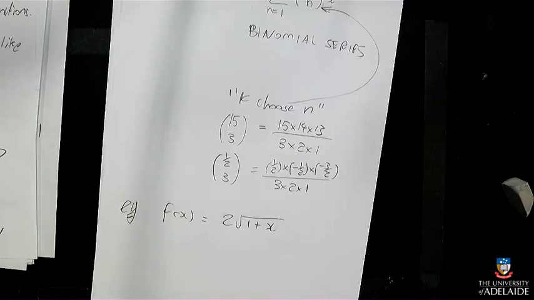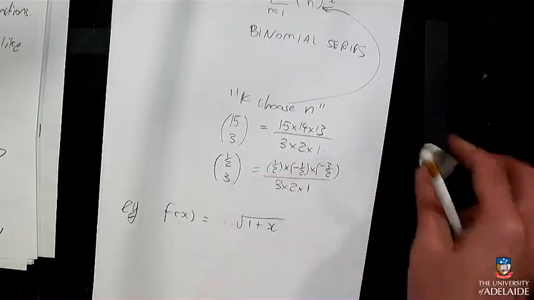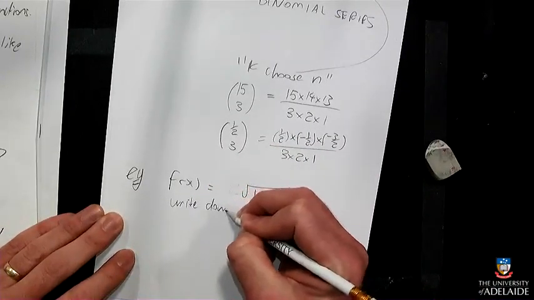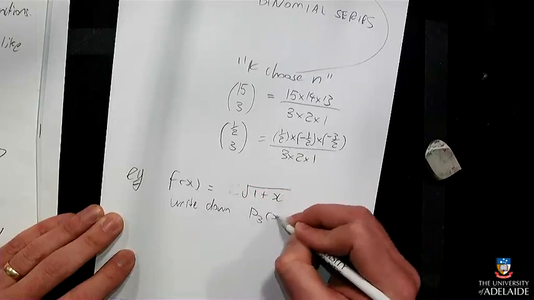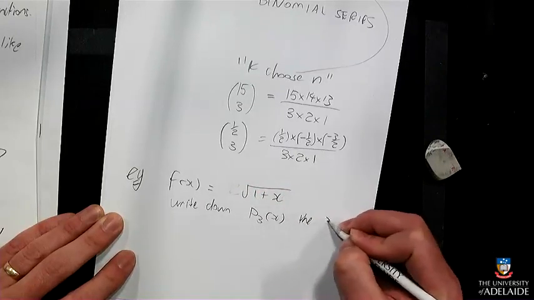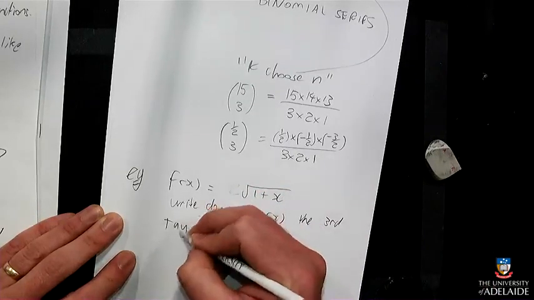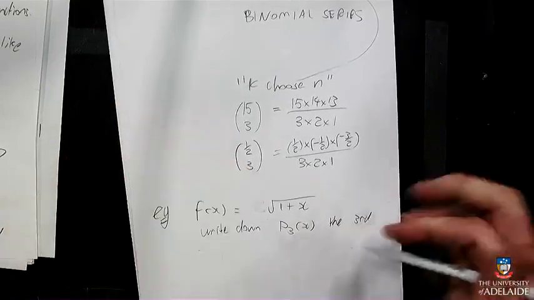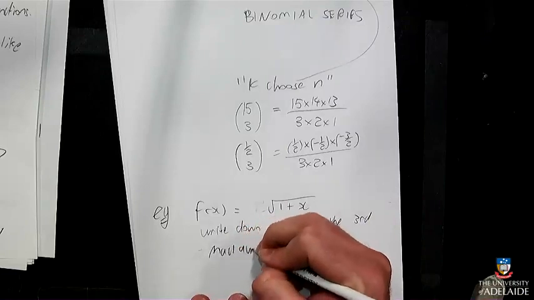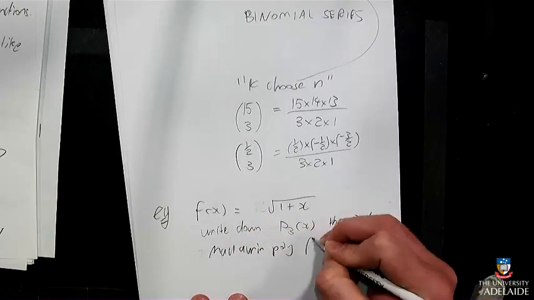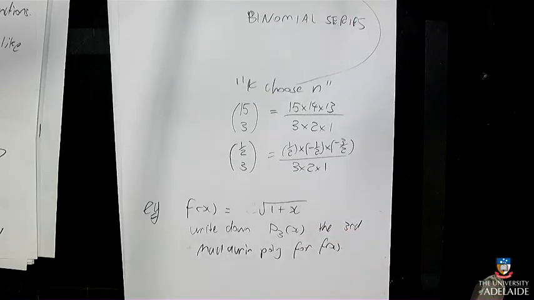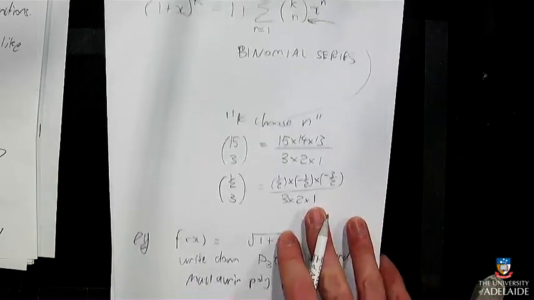If f of x was that, then you could write down p3 of x, the third Maclaurin polynomial for f of x. Because I know what the Taylor series is, I can just write it down.